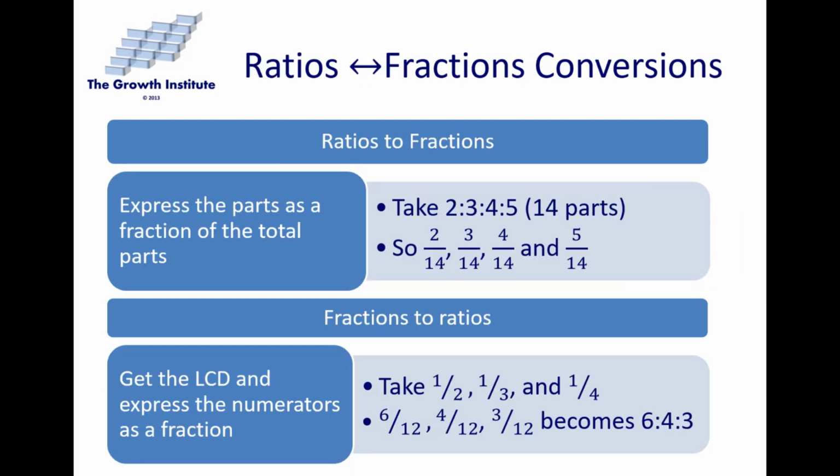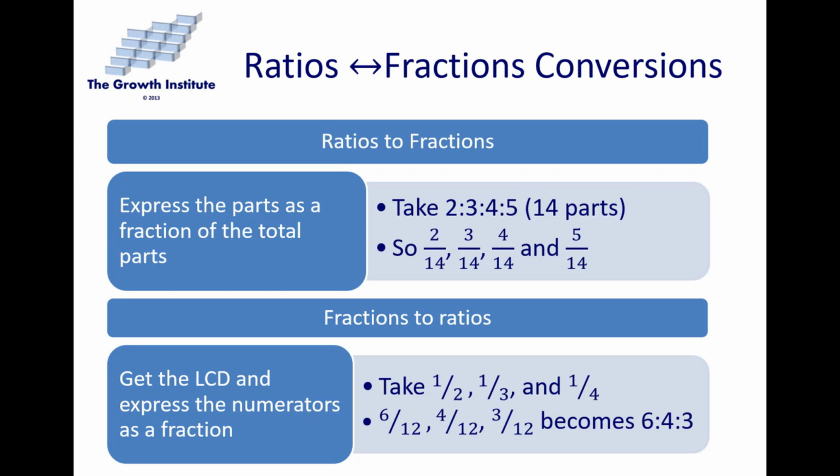Okay, so now how do we turn a ratio into a fraction, or a fraction into a ratio? Let's look at the first one. If we turn ratios into fractions, we express the parts as a fraction of the total parts. So take, for instance, that ratio there of 2 to 3 to 4 to 5. If we add up all the parts of the ratio, we get the total number of parts, which is 14.